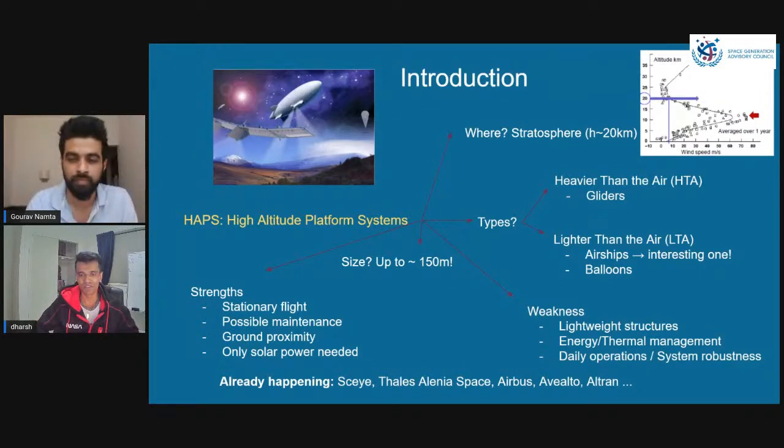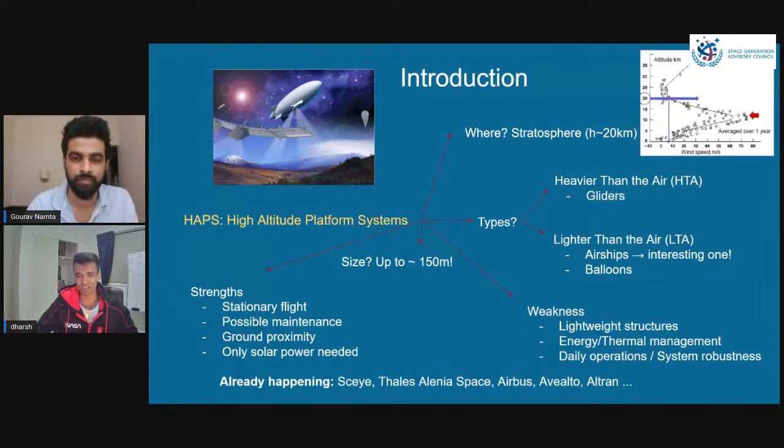We've got Thales, Airbus, Ultran, a number of organizations looking to get something up there. Whilst they might not be 100% operational yet, it's proof that it can actually happen. And just to blow your minds a bit more, these things are huge, 150 meters in size. You're not talking about a small drone you can just go outside and play with. You're talking about a massive platform that can support a whole bunch of different activities.